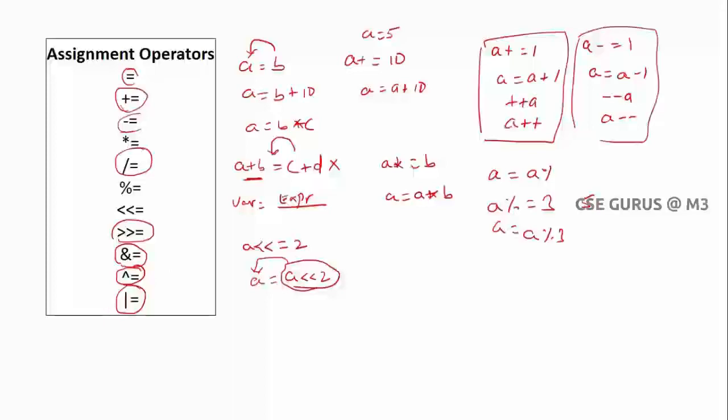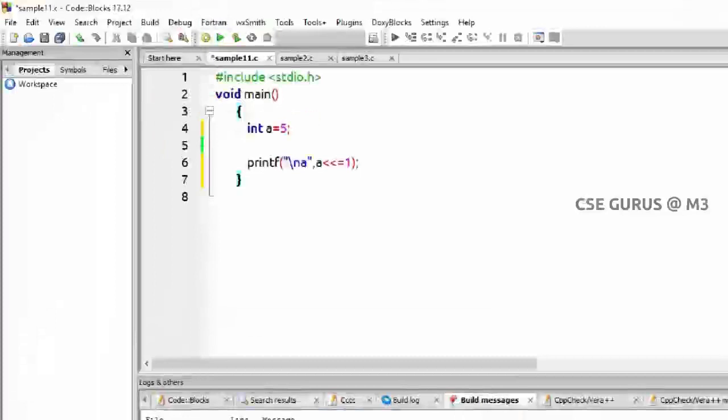Okay, so I'll just try to execute these things. I have written a <<= 1, which is a = a << 1. You first do the left shift, then the result is stored again in a.